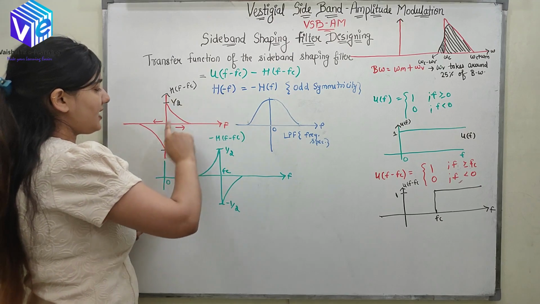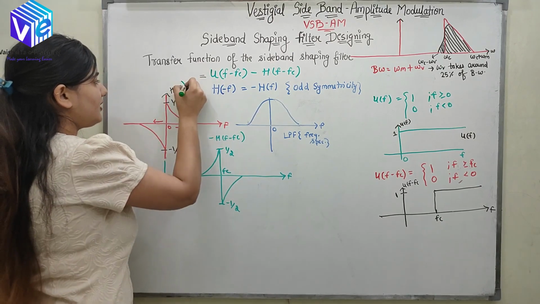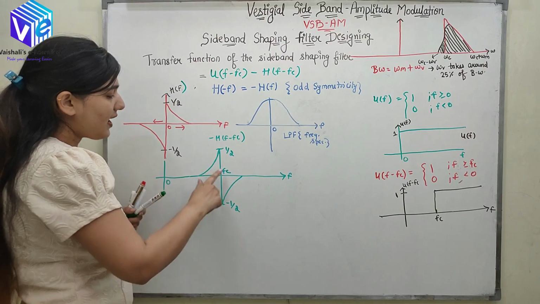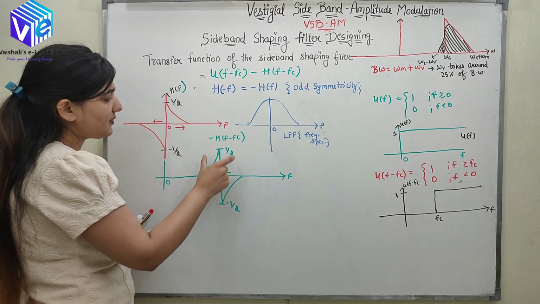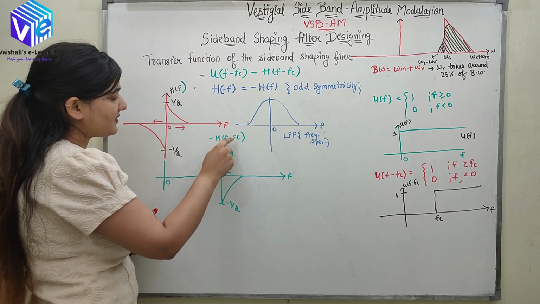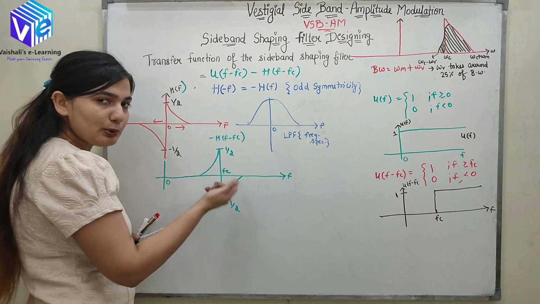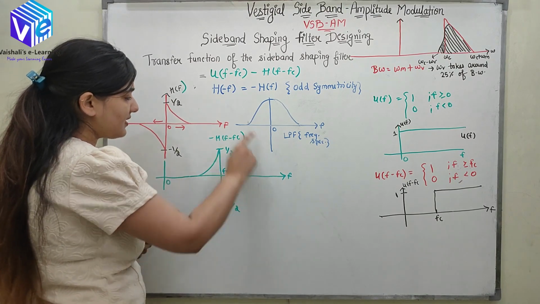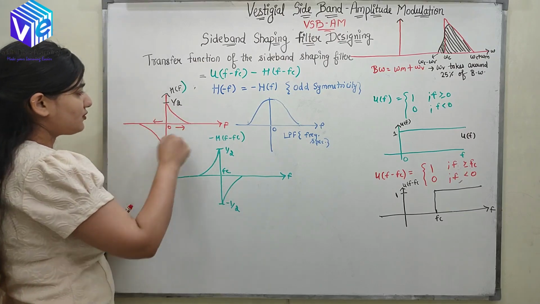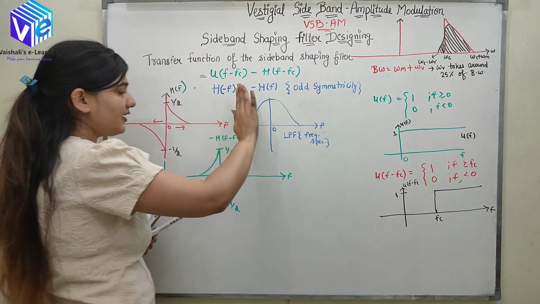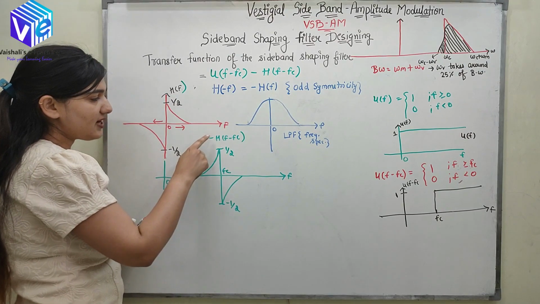What I did, this was h of f, and now I shifted this h of f to fc. So this portion when shifted to the fc frequency, it represents h of f minus fc. So now I had to take minus. So for minus I took the mirror image. So this represents now minus of h of f minus fc. So this was h of f. I shifted it to fc. Then I took the mirror image. I got minus of h of f minus fc.